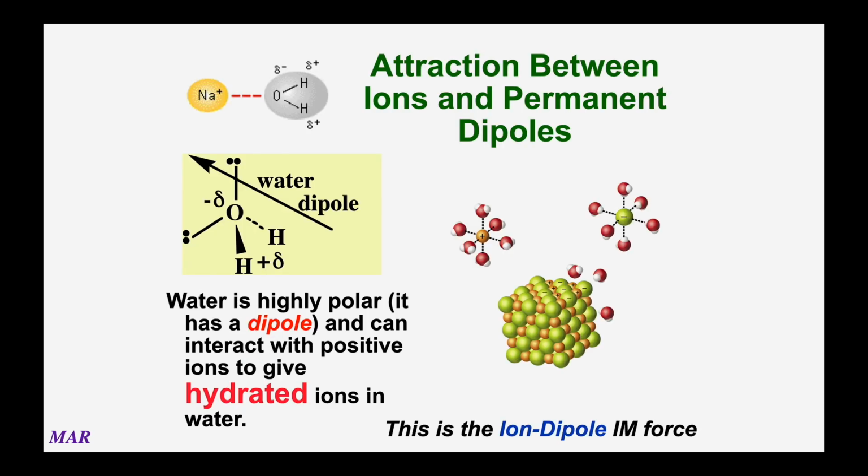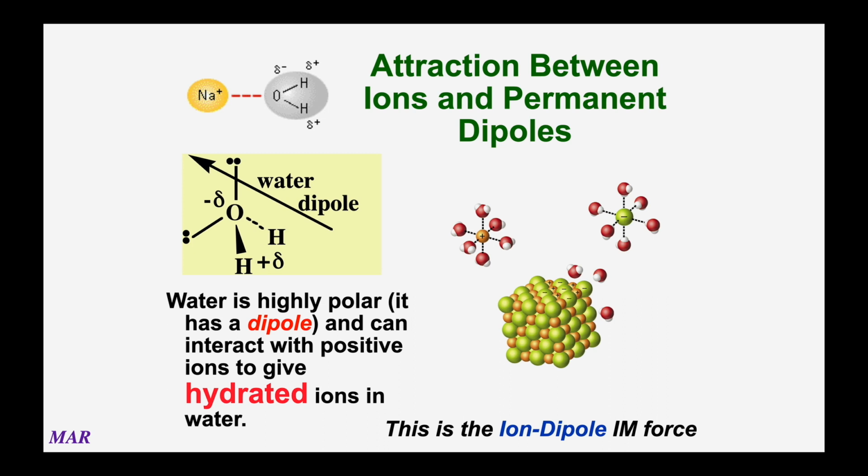The first of the intermolecular forces we're going to look at is what's called the ion-dipole intermolecular force. If you look at the name, ion-dipole, this is the force between molecules where one molecule is an ion, i.e. it has a positive or a negative charge, and the other molecule has a dipole.